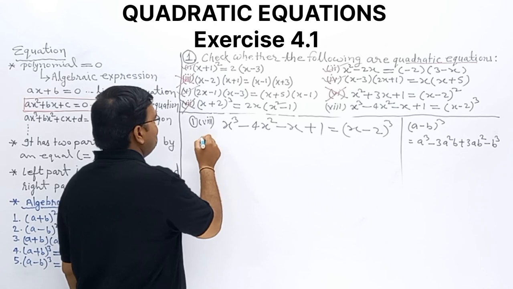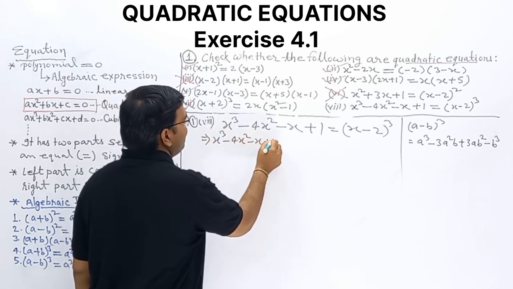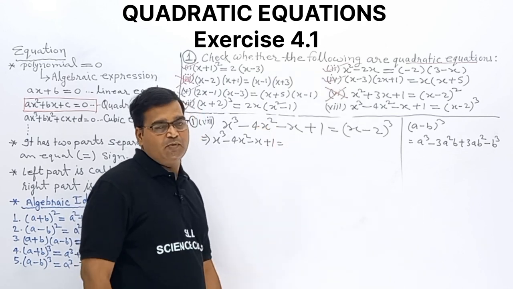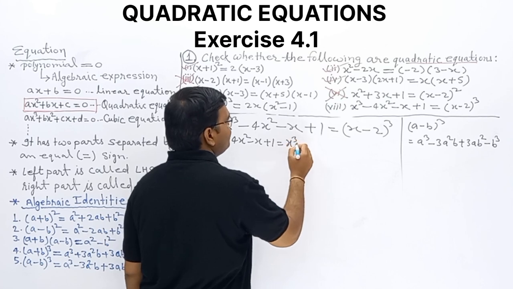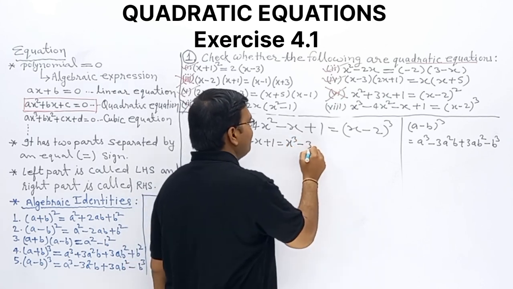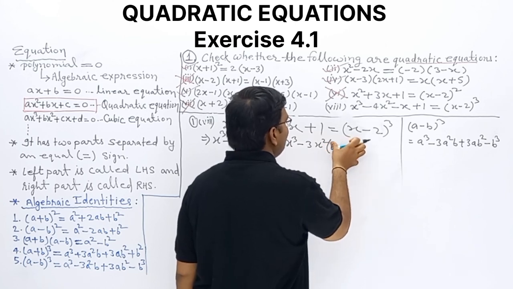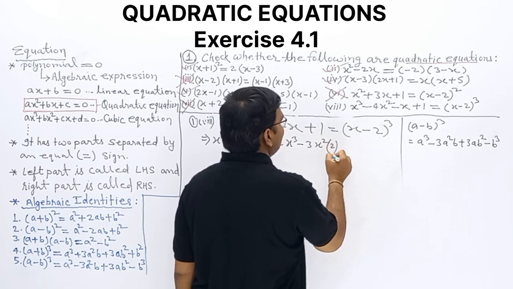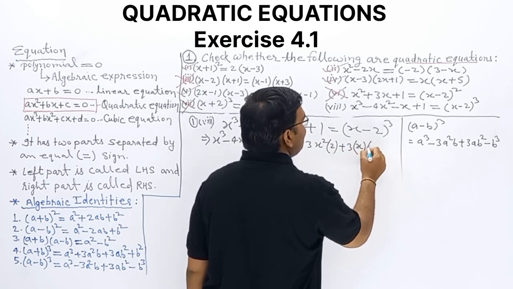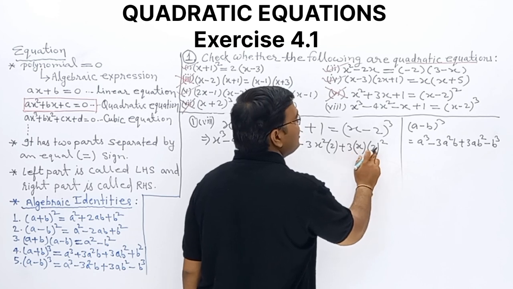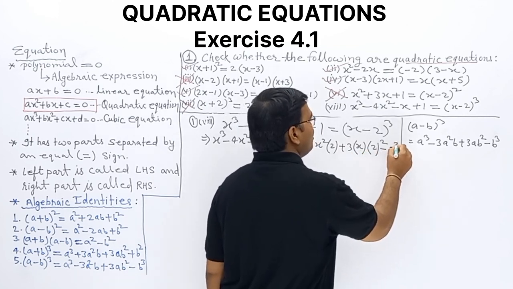Clear? Apply this one. x cube minus 4x square minus x plus 1, no change in the left hand. We will write it as it is. Apply there. First one, x cube minus thrice a square b, b is 2, plus thrice a b square, a is x, b is 2, minus b cube, 2 cube.